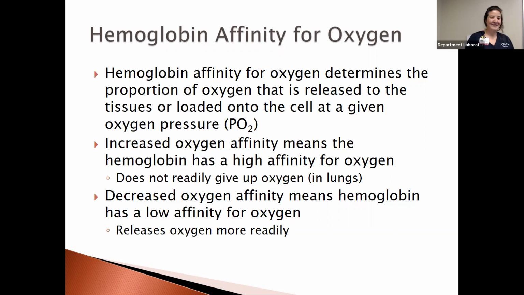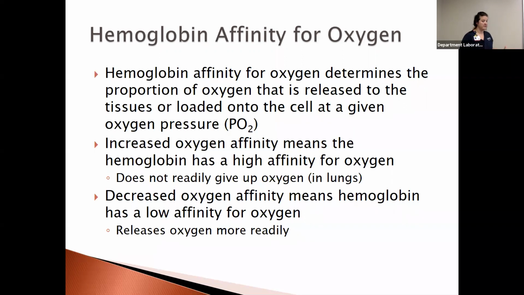There's a point. Hemoglobin affinity for oxygen determines the proportion of oxygen that is released to the tissues or loaded onto the cell at a given pressure. Okay, so this is your partial O2 or your PO2 level. How many of you have heard of the hemoglobin dissociation curve? That's what we're working our way to, okay?